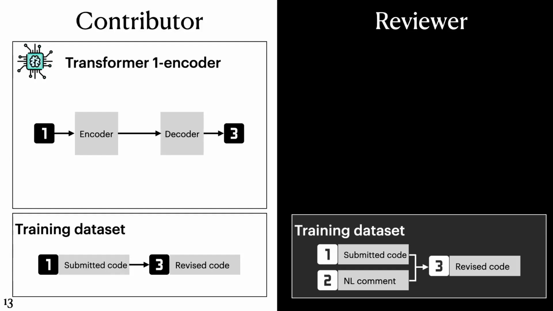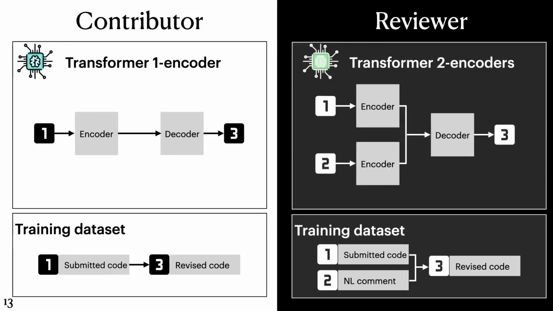And for this case, we modified the architecture of the classic transformer in order to have two encoders and one decoder. The two encoders take as input one the submitted code and the other one the natural language comment, and again the decoder tries to generate the revised code.